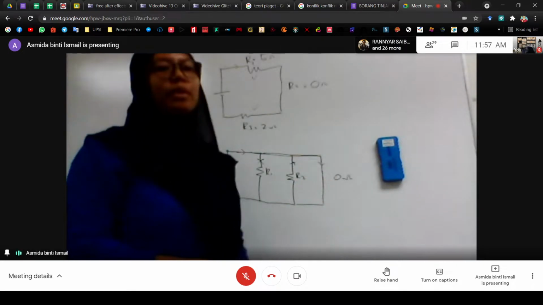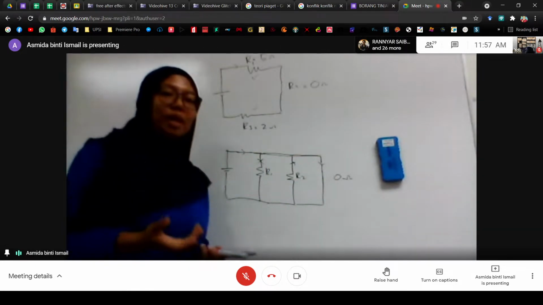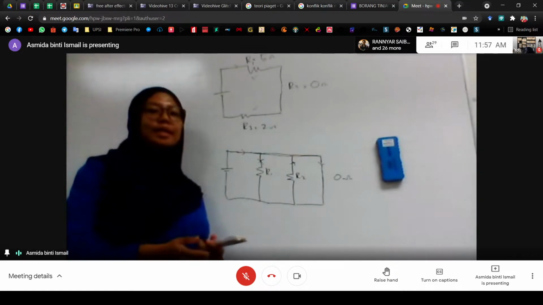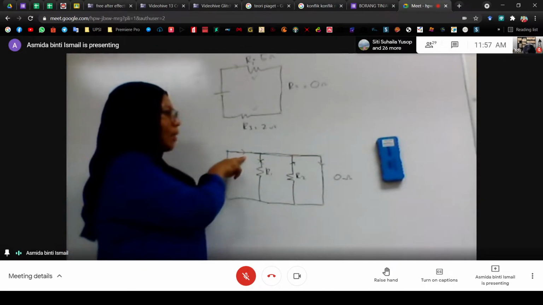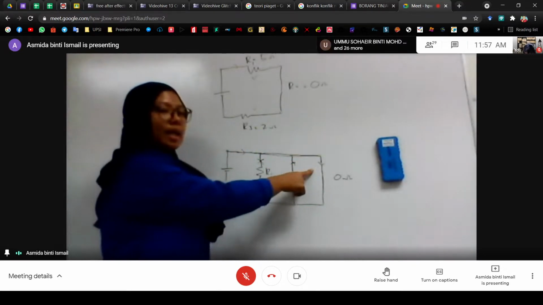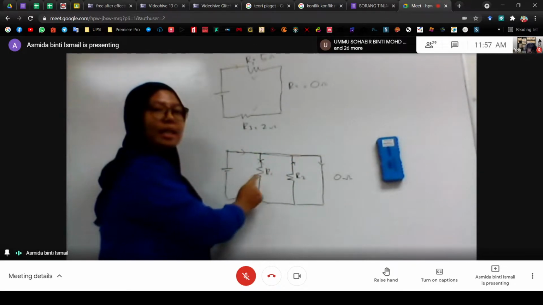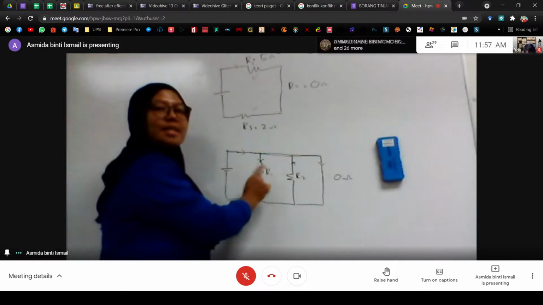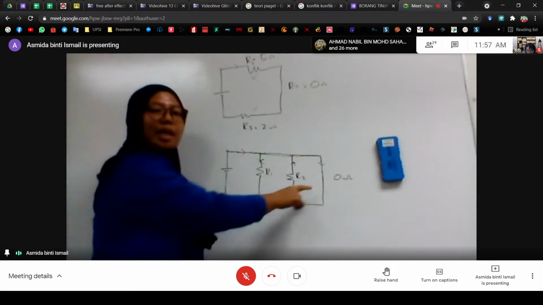Okay, like I said before, macam awak juga, kalau awak ada, ni awak nak jalan, awak ada 3 pilihan, nak jalan-jalan ni ke, nak jalan ni ke, nak jalan ni. Awak nak pilih ke jalan dua ni, yang ada rintangan ni, tak nak kan? Sama juga macam arus, dia takkan pilih jalan ni, dia pergi ke sini. Sebab yang ni tak ada apa-apa.